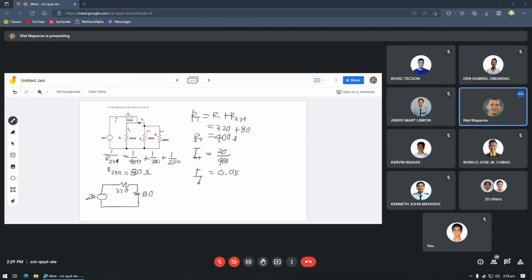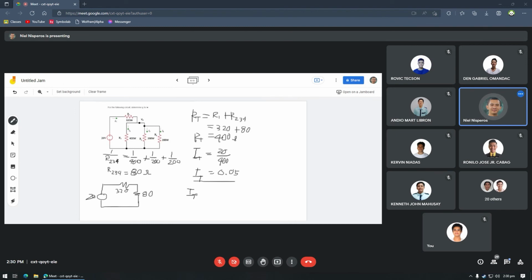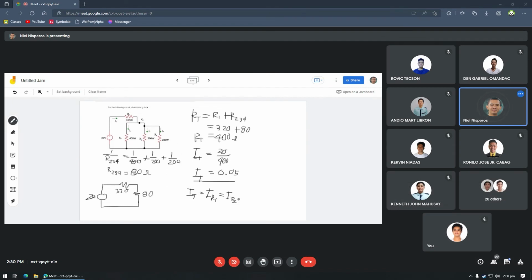What is I total? I total is equal to I R1, which is 320, is equal to I of R2, 3, and 4.